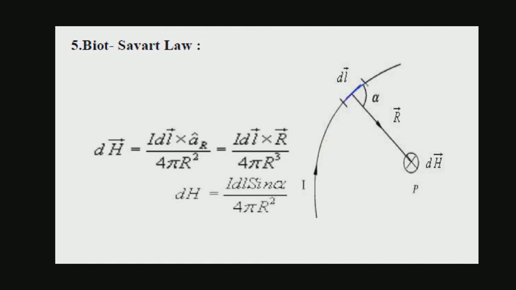So the answer is dH is equal to I dl sin alpha divided by 4 pi R square. R is the distance of the current element from the point.